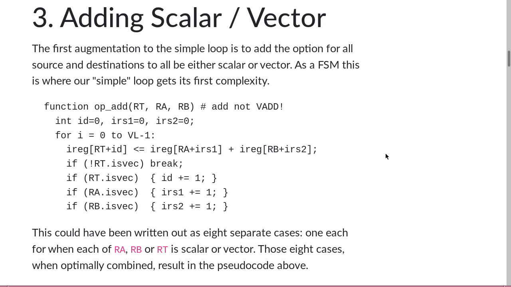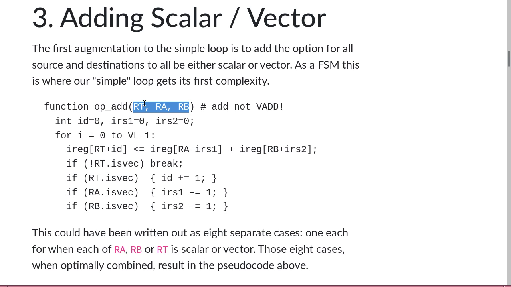This is how we'd add the definition system of scalar and vector. Every single instruction, every single register, every single operand of each instruction has a tag indicating whether it has or has not been vectorized.